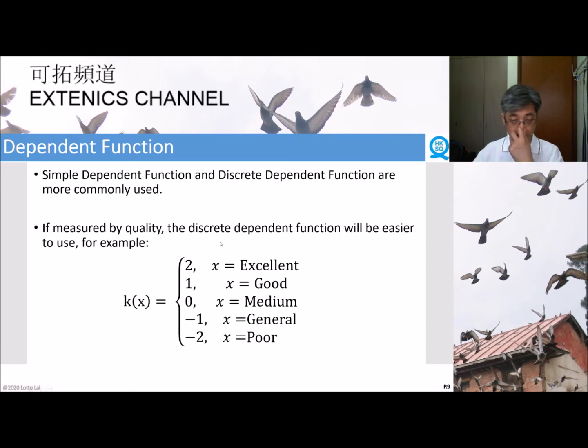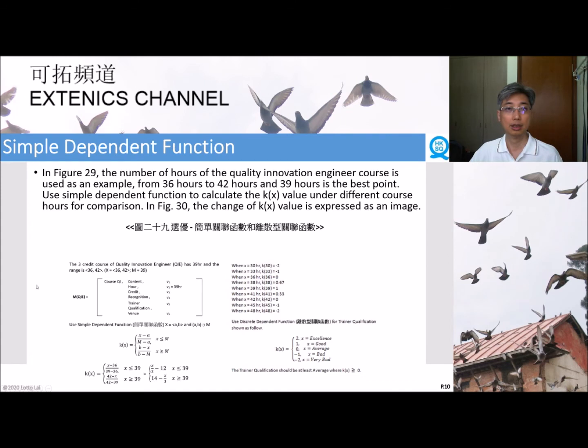For example, you can see this dependent function calculation. We can set 2, 1, 0, -1, -2 to represent excellent, good, medium, general, and poor. So it is very easy for qualitative measurement. The simple dependent function is more complicated. Use this formula at the bottom.